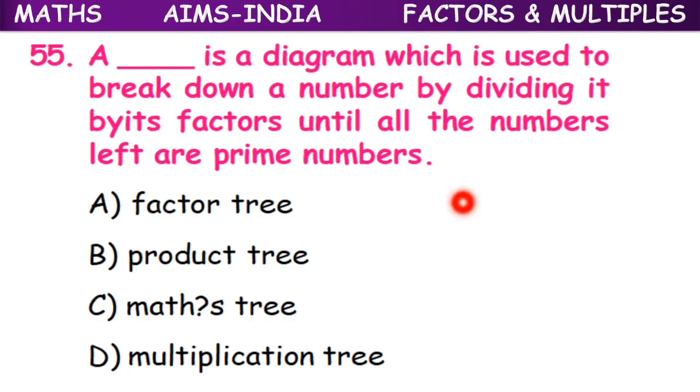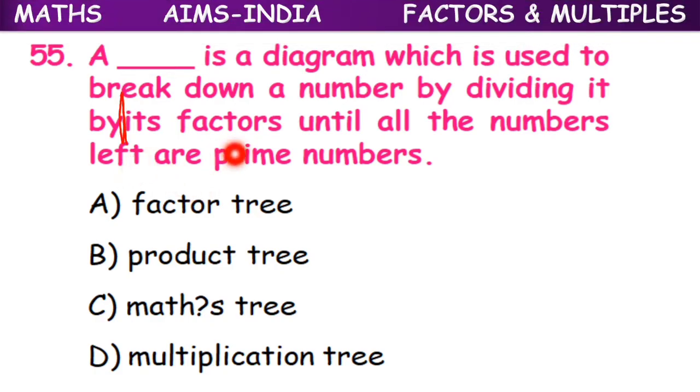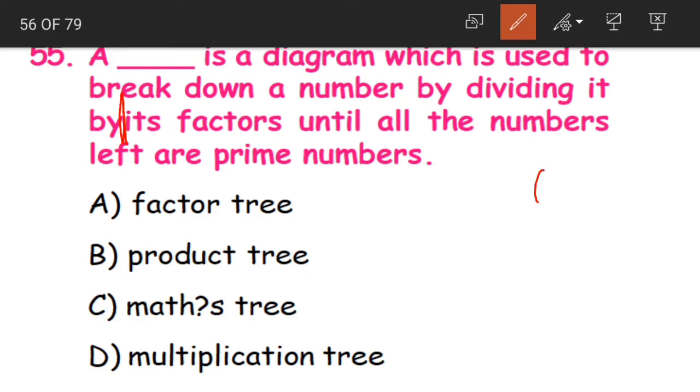Next question. A dash is a diagram which is used to break down a number by dividing it by its factors until all the numbers left are prime numbers. Yes children, we are taking a number and then dividing it into its factors until all the numbers are prime numbers.